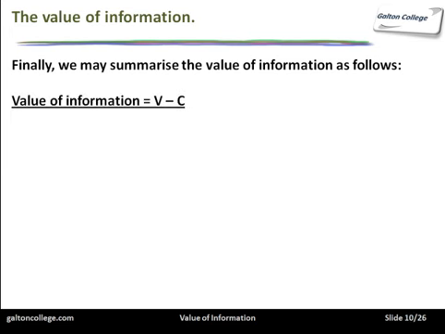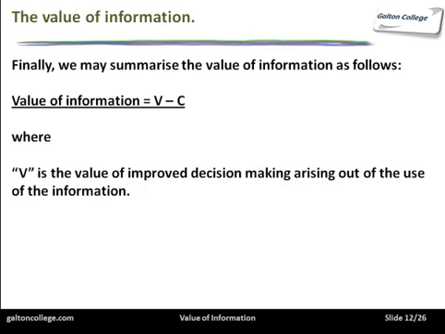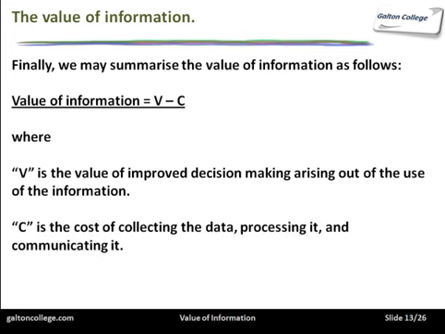The value of information is simply sometimes expressed as V minus C, where V is the value of the improved decision making arising out of the use of information, and C is the cost of collecting the data, processing it, and communicating it.